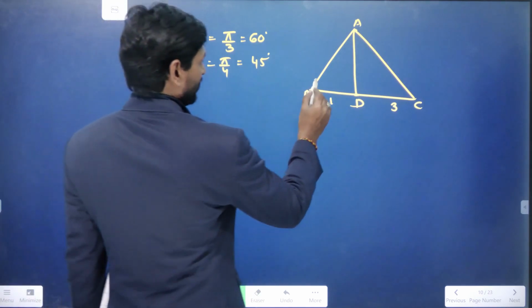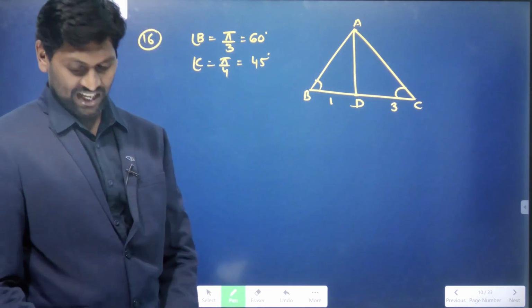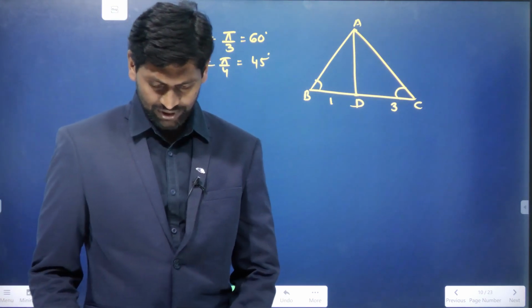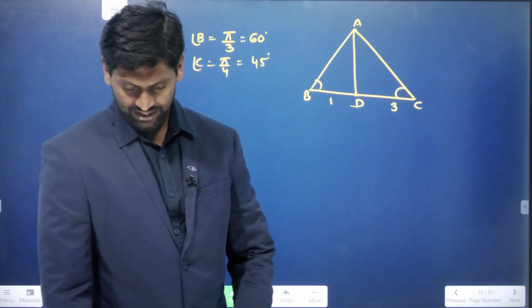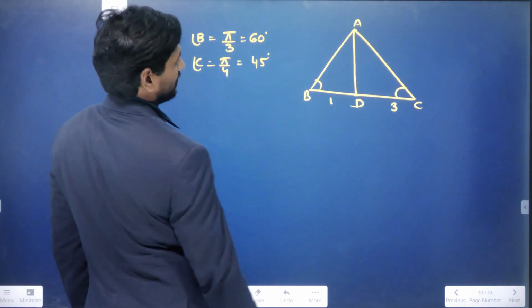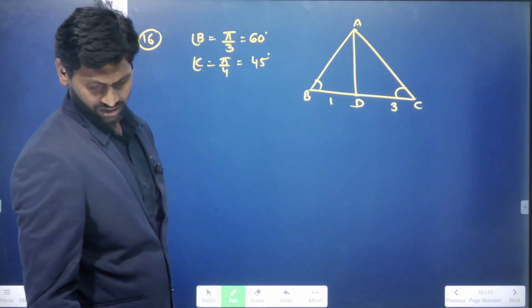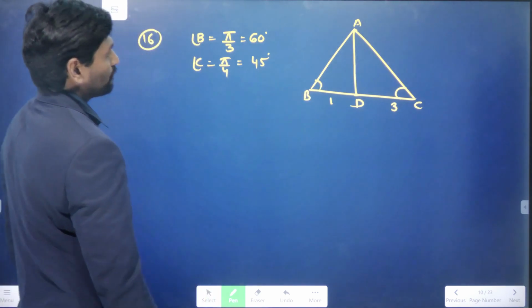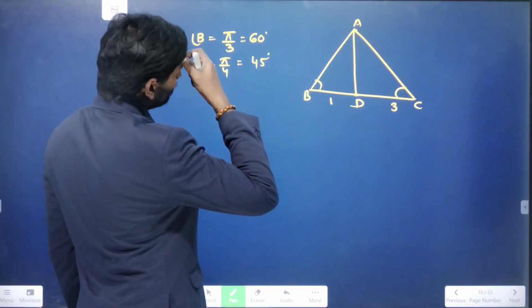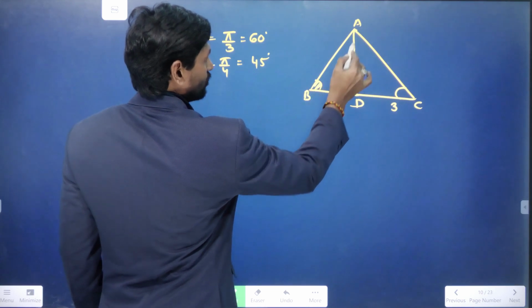Angles B and C are given. What to find? Sin BAD by sin CAD. Now I am applying the sine rule. For angle B, it has an opposite side, right?